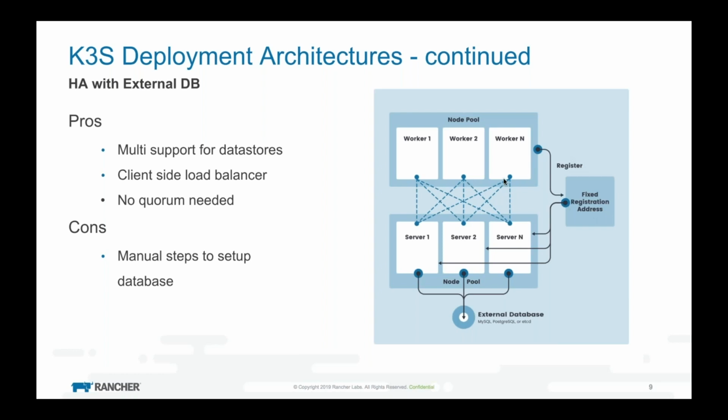So basically, you can have a DNS or a load balancer pointing to the servers, and the workers can just connect to the server cluster using this registration address. Once an agent connects to the cluster, there is an internal load balancer that we embedded in the agent process that can discover the IPs of the servers automatically without any intervention from the user.